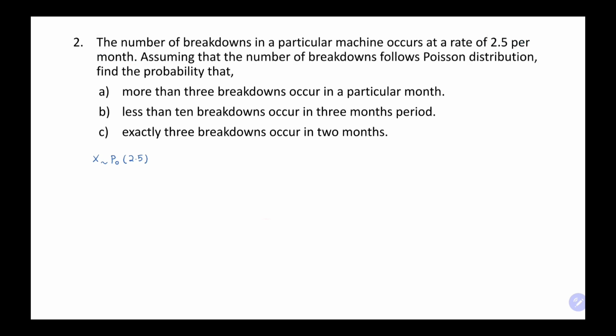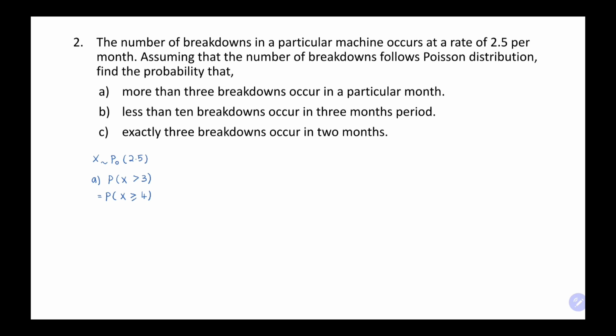Okay, we look at question A. More than 3 breakdowns occur in a particular month. More than 3, so P(X greater than 3). We use lambda 2.5. Greater than 3, we can't read from the table directly, so we need to change it to P(X greater than or equal to 4).